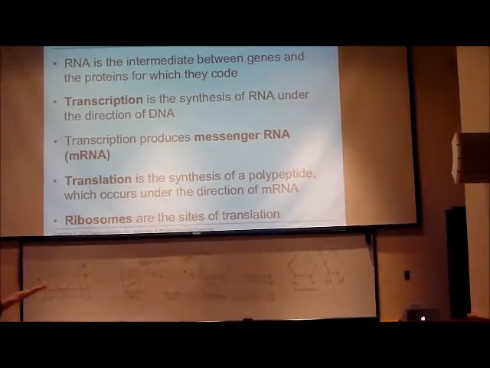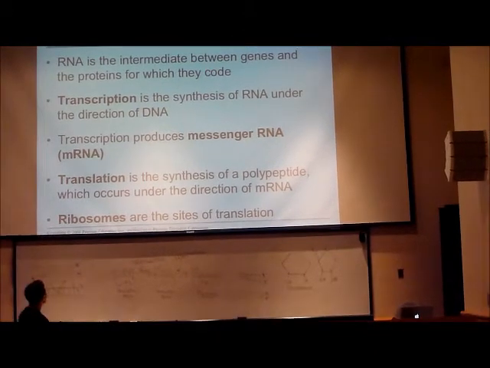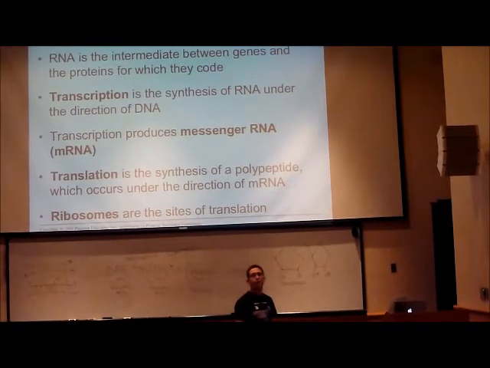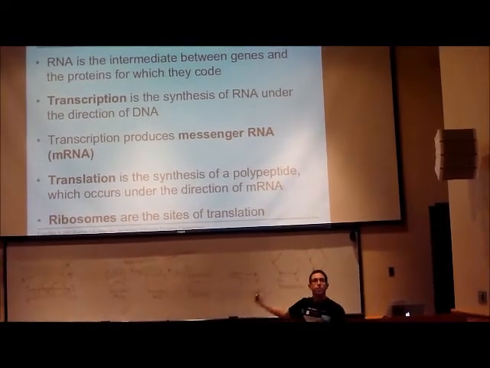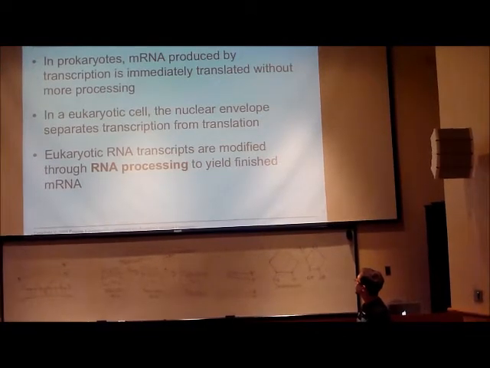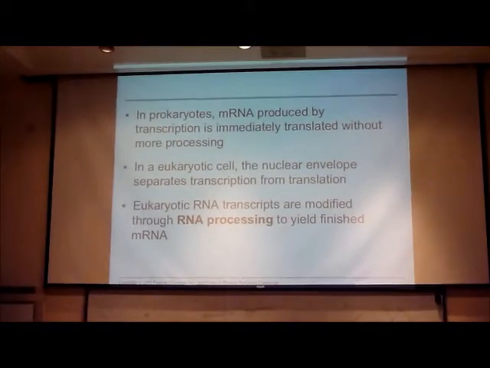There's a whole process after we get that RNA transcript called RNA processing that we're going to have to perform. And then once we've done that, we're going to move the RNA out of the nucleus and into the cytoplasm, where it will bind to the ribosome and be translated into our polypeptide. Where does translation happen? In the cytoplasm, at the ribosome.